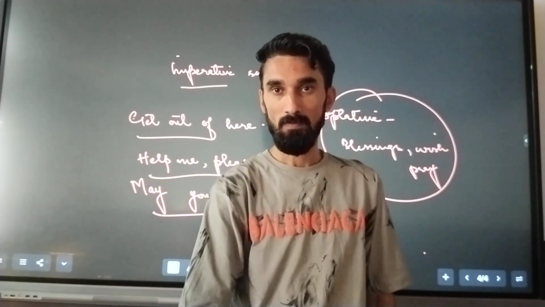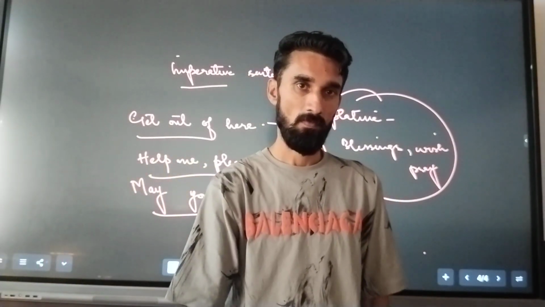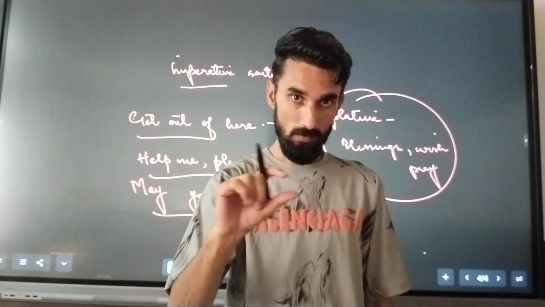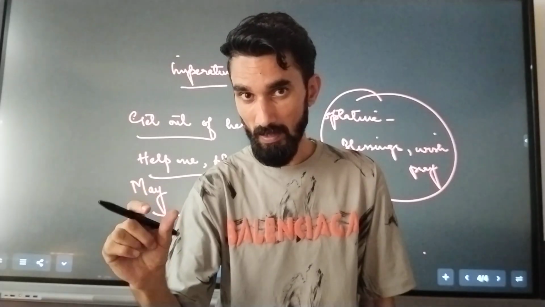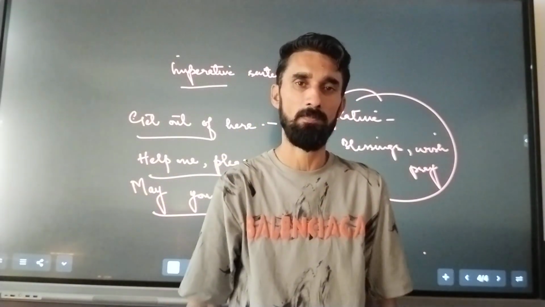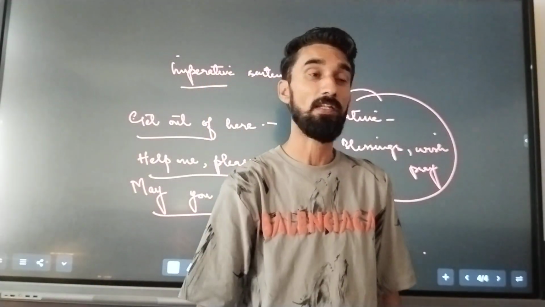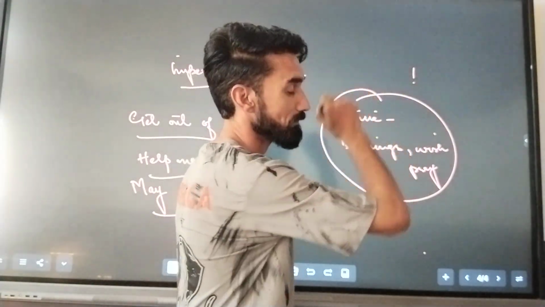So these feelings, if expressed in a sentence, belong to the exclamatory kind. And what is put at the end of an exclamatory sentence? That is a sign of exclamation.